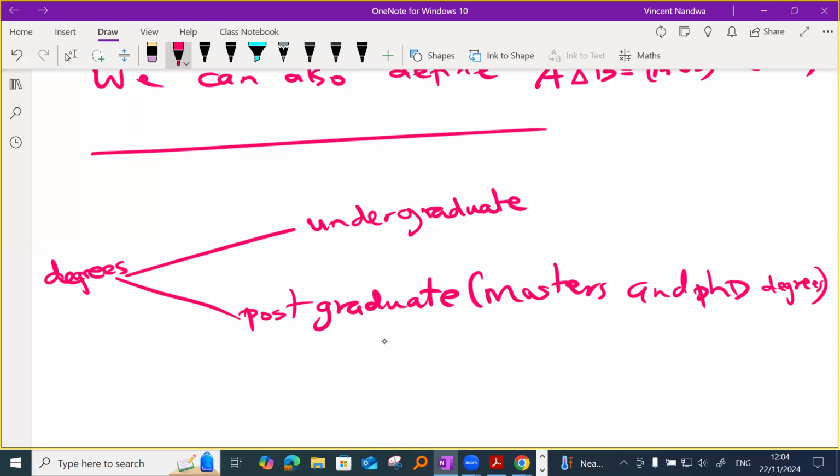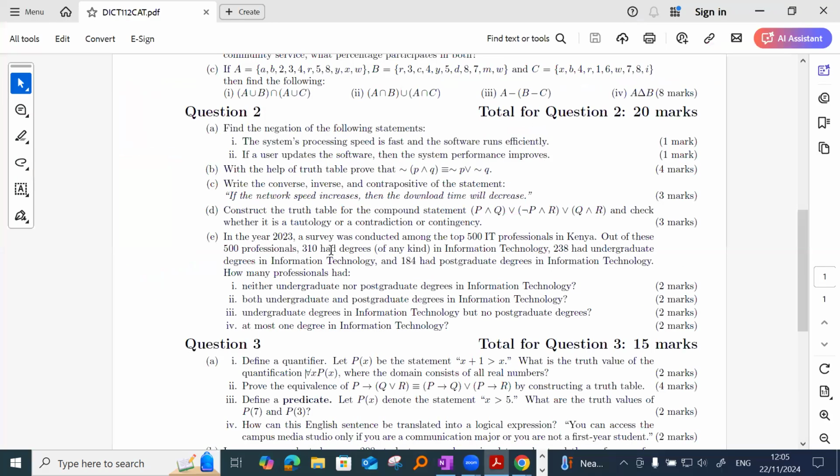So when they tell you in this problem that 310 had degrees of any kind in information technology, it means 310 is a mixture of those who have undergraduate degrees and those who have postgraduate degrees. There is nothing like a degree called "of any kind". So this 310 is a combination of those who have undergraduate degrees and postgraduate degrees.